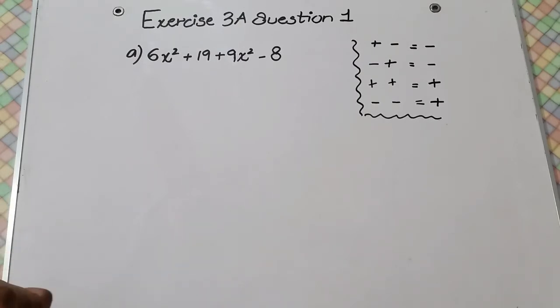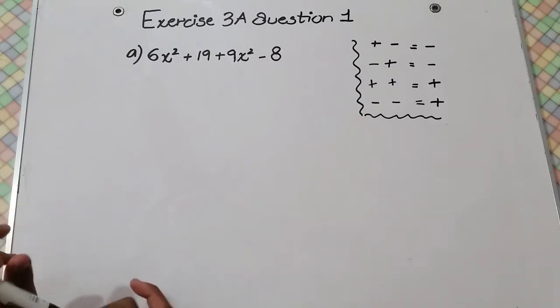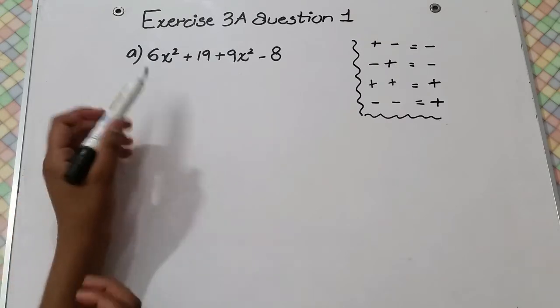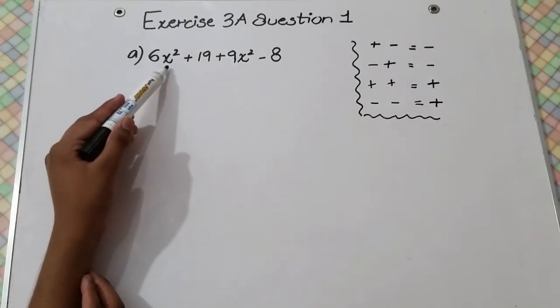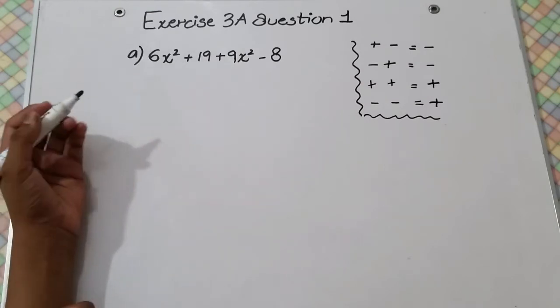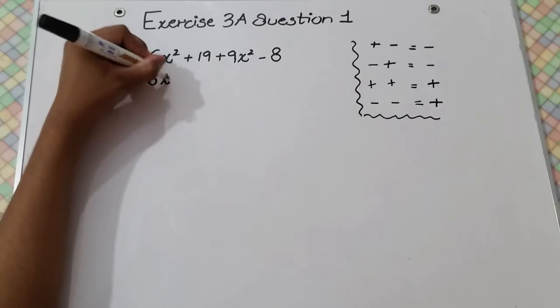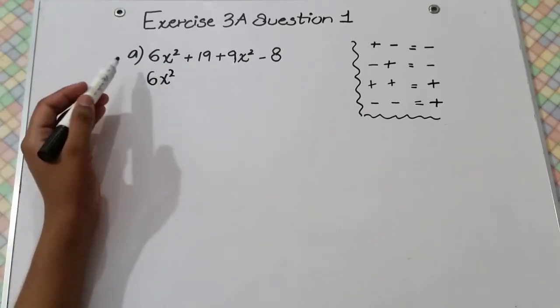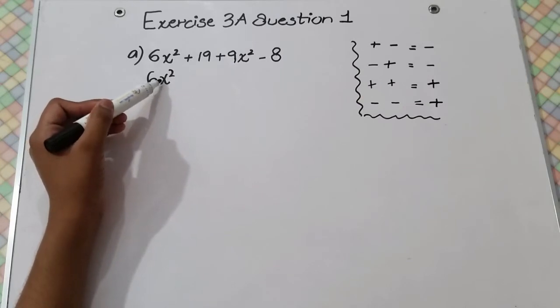So let's start solving this question, and in this chapter we are going to focus on like and unlike terms also. So what are the like and unlike terms in this question? Means which are same, that variable is same. So first we are going to write 6x square, simple, okay. Then what is the same variable as x square?